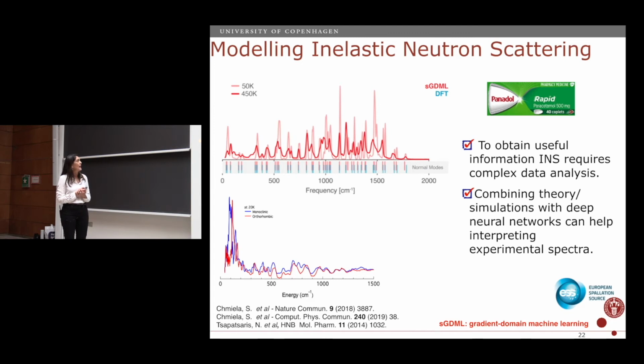Paracetamol can crystallize in two different structures. And that is why my spectra is different, because the structure of this drug is different. Monoclinic is the one that we can buy in the pharmacies. Orthorhombic is the one that people in the industry would love to have because it will make production cheaper. However, we don't know how to make this stable.